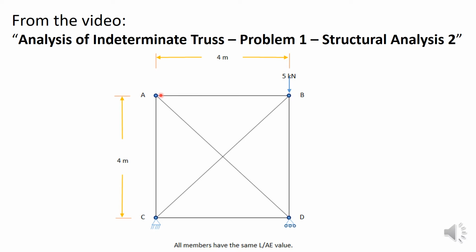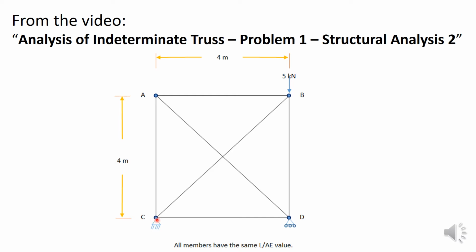Basically, you have a truss A, B, C, D, which is basically square, 4 meters by 4 meters, and you have 6 members.